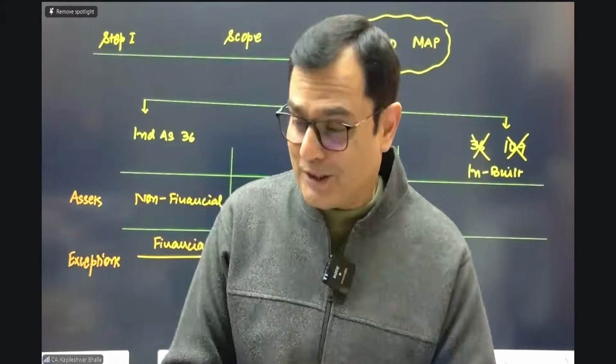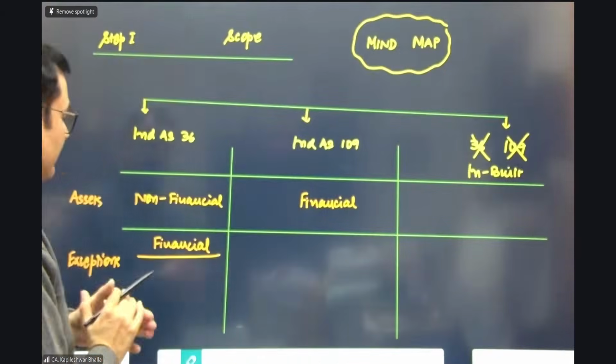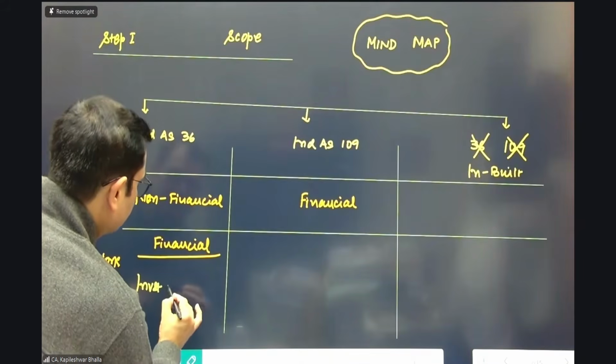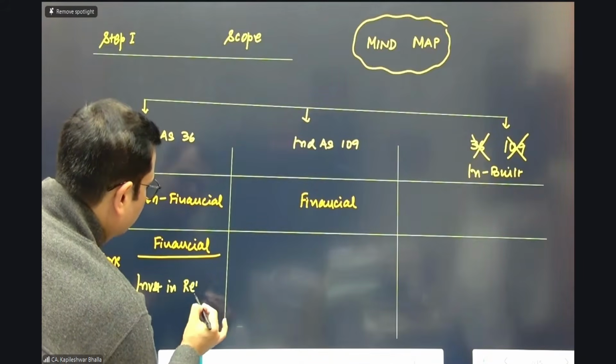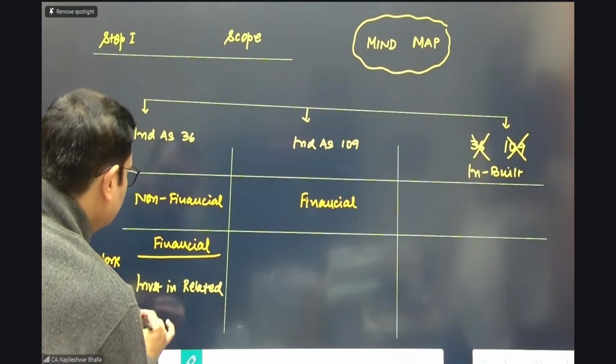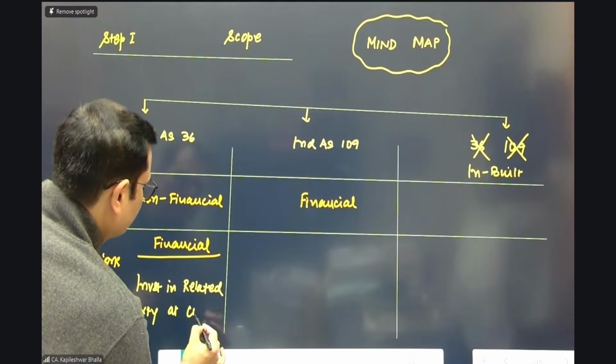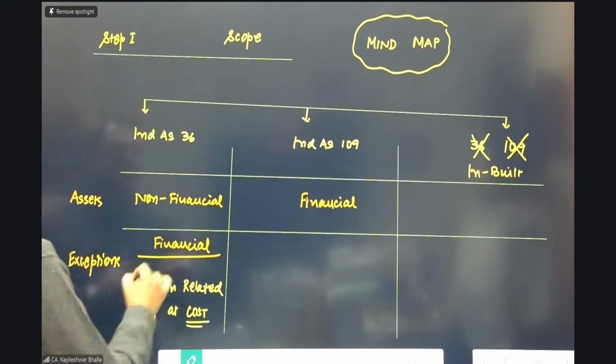I hope you got the inputs clear. So in this particular case, we can say the exception is investment in a related party, investment in a related party at cost. If you've got investment in related party at cost.